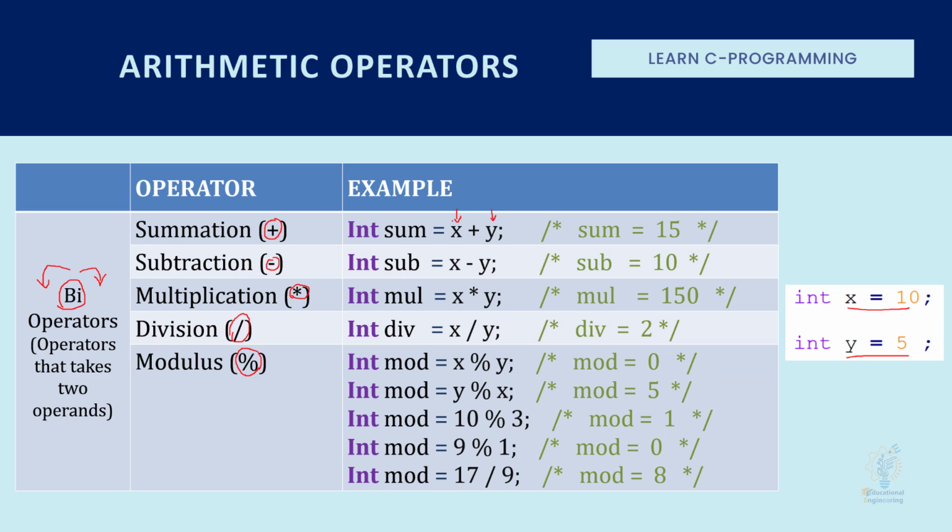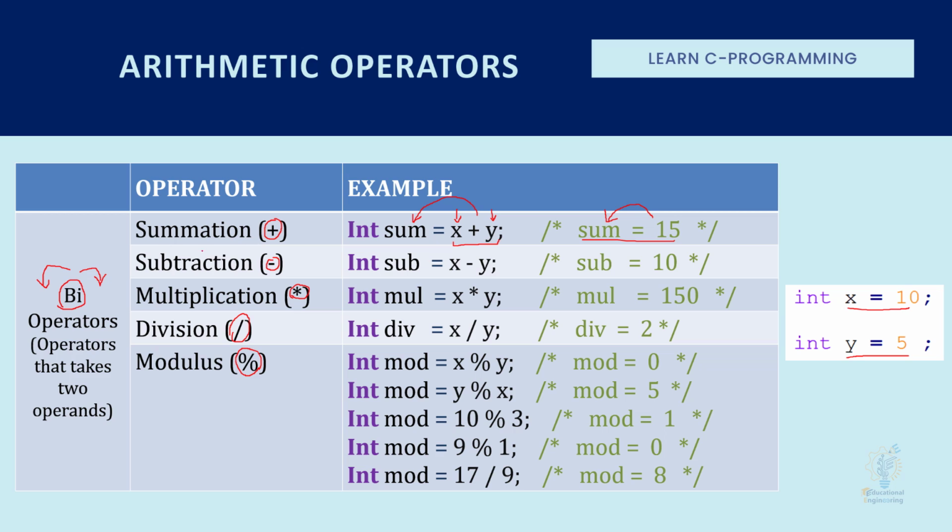So the result of this sum will be stored inside this variable. So x plus y, 10 plus 5, it will be 15. And this is the result. So some variable will include the value of the summation, which is x plus y.